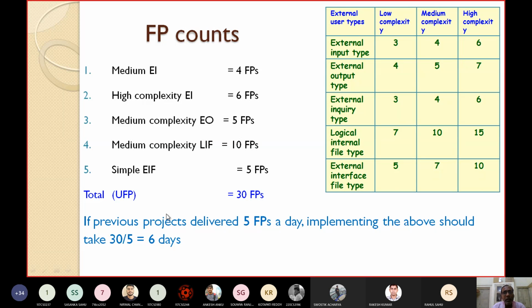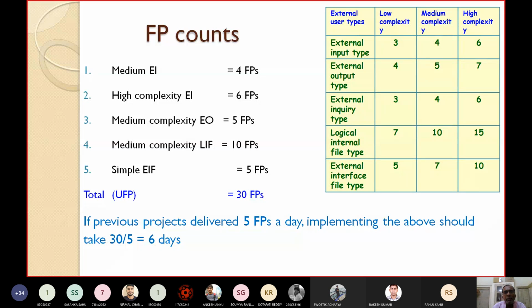That will give you a more accurate time to deliver the project. This is how you can compute the unadjusted function points, adjusted function points, and the time required to deliver software. This is what I wanted to talk about.